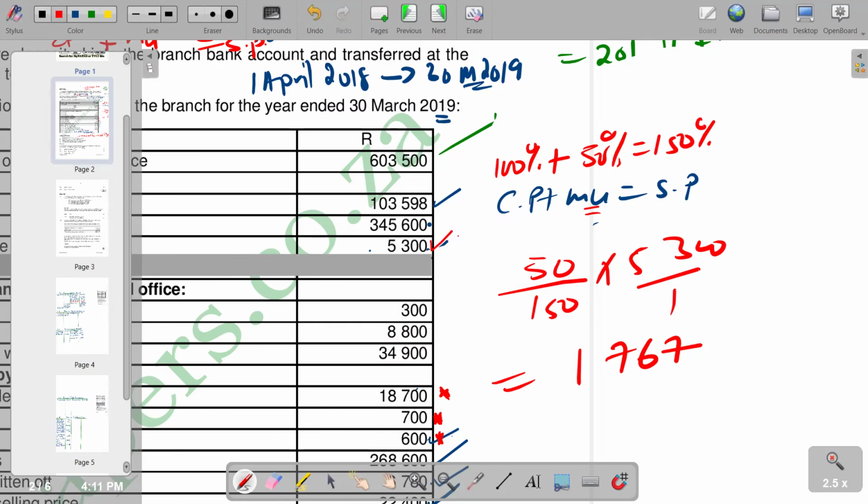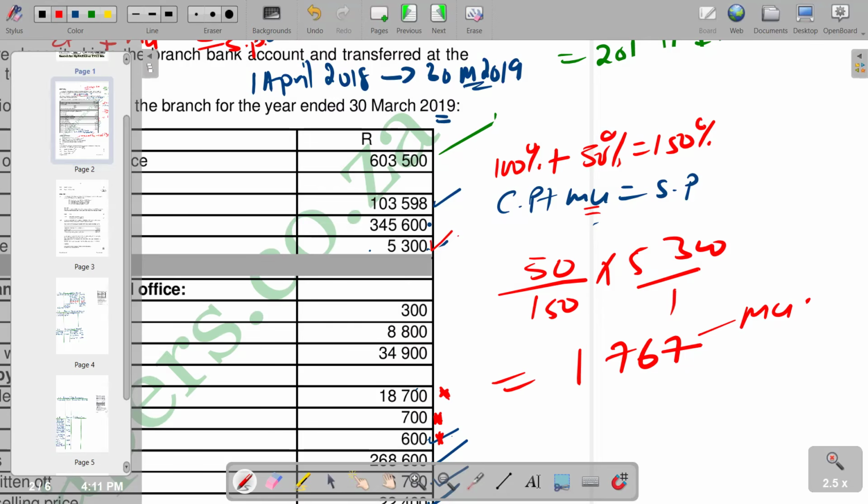In terms of the amount that we have, it is our markup, which is 1,767. On the markup now, we are supposed to debit the branch adjustment with 1,767, and we have the corresponding entry as we post that.